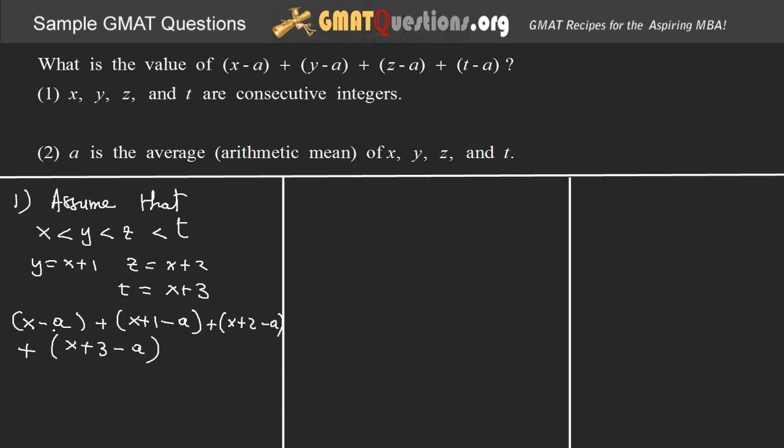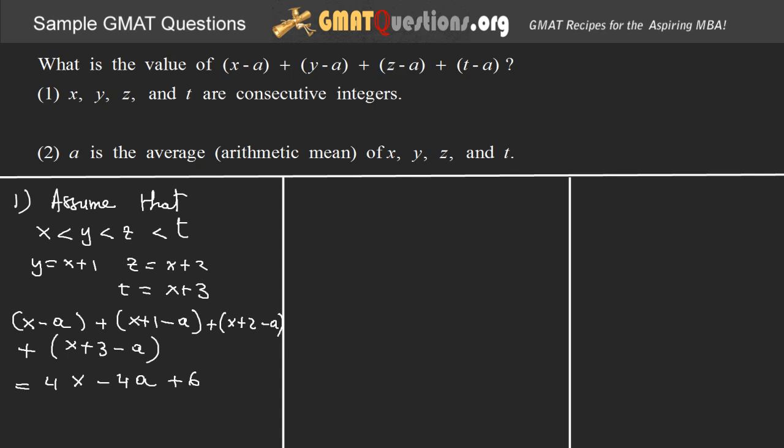As you can see, we're going to have 1, 2, 3, 4x. And the a's, we have how many of these? Again, 4, minus 4a. And then we have 1 here, plus 2 is 3, plus 3 is 6. Okay, plus 6.